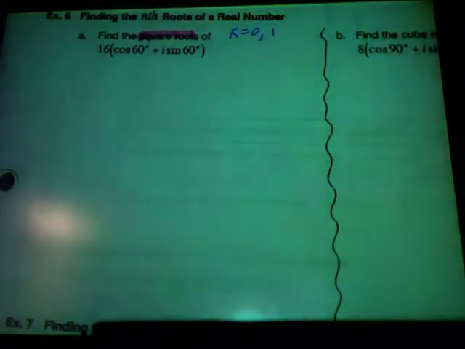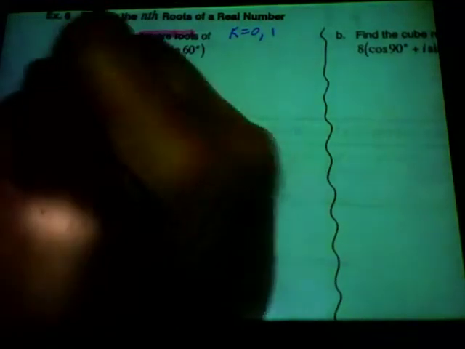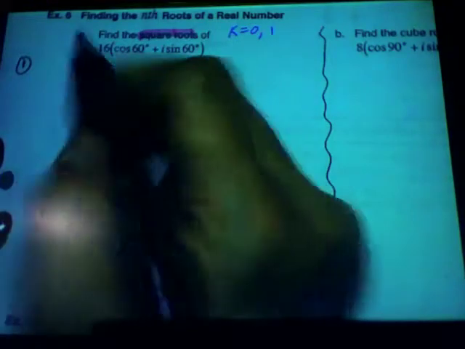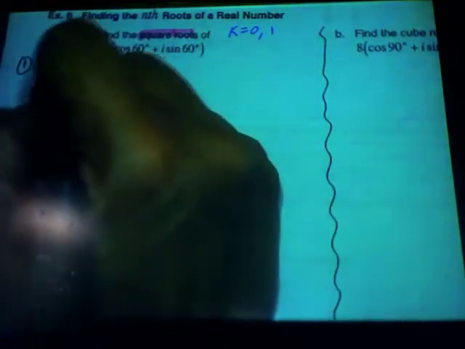So let's follow that formula. Step 1: we are going to take the square root of 16, because I'm following this formula up here. Square root of 16 times the cosine of, my theta is 60, isn't it? So 60 degrees plus I sine, plus 2 pi.